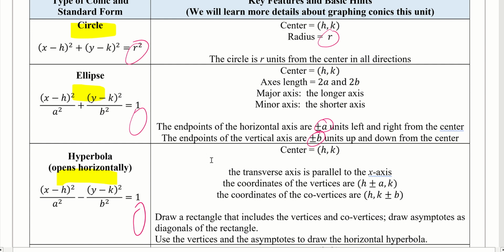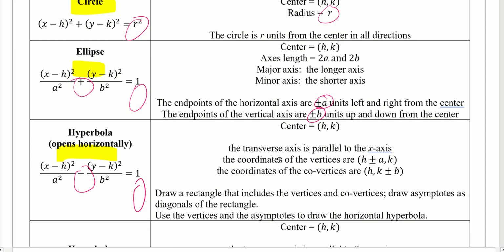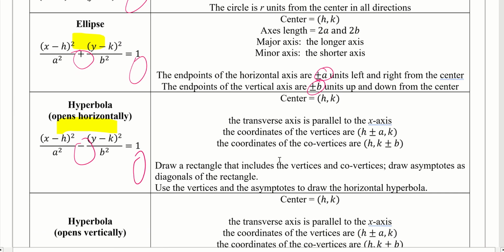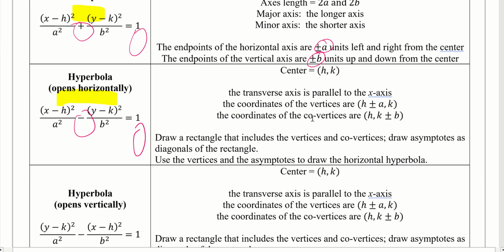The ellipse has the plus sign, whereas the hyperbola has the minus. So little stuff like that is really going to help you as you read through this. These equations are really good here. I'll also talk about how to just calculate it without having to necessarily remember what is H and A and K and B and all that kind of stuff.